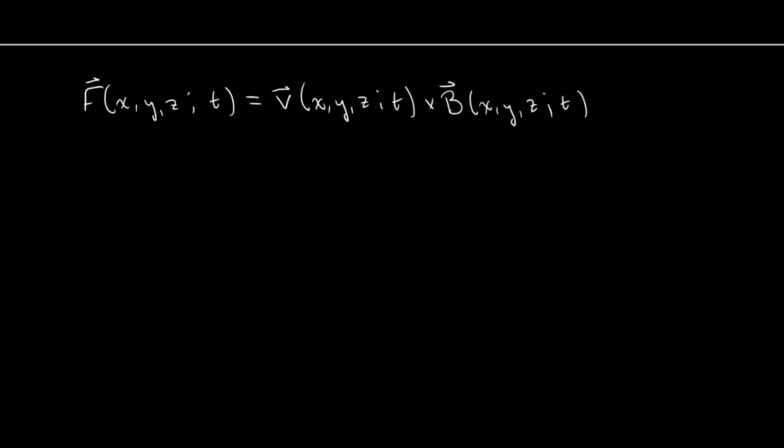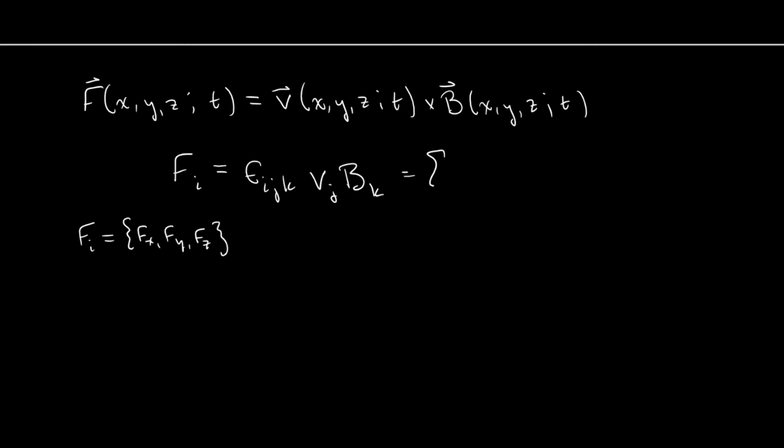Well, let's write this in our nice compact index notation, so that F_i is equal to epsilon_ijk v_j b_k. If you're a bit fuzzy on your index notation, all this is saying is that these are the components of F, so my F_i is going to be one of F_x, F_y, F_z. On the right-hand side, if I repeat an index, that means I'm summing.